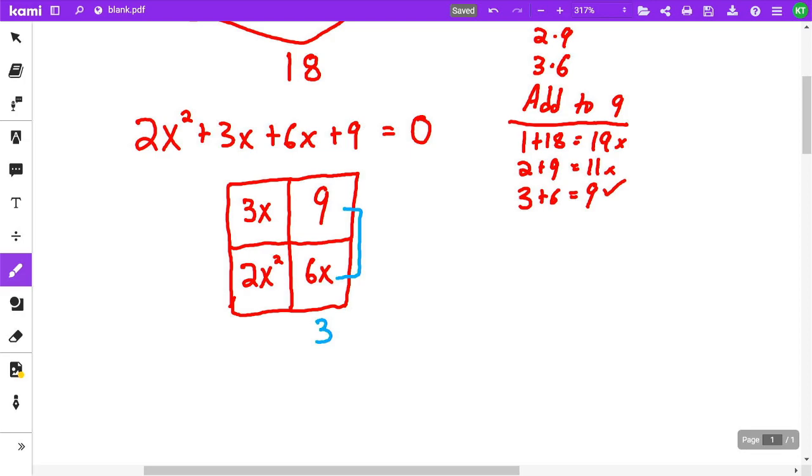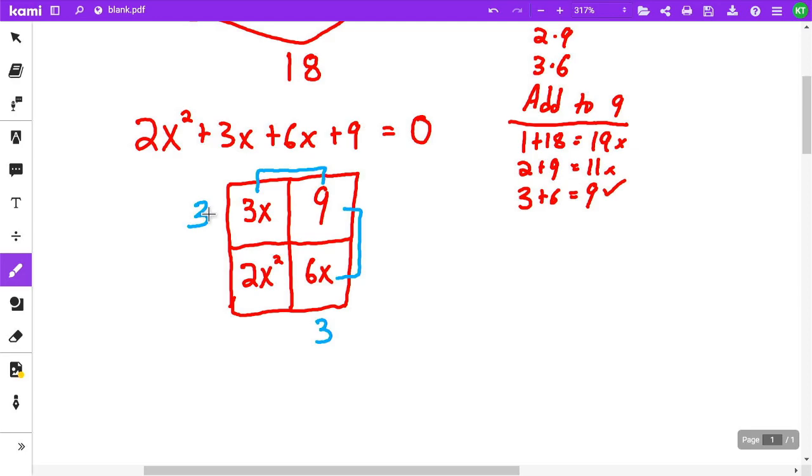So that means if I was to work backwards here as well, what times this 3 here will give me 9? 3 times 3 gives me 9, so I can put 3 right here. And that also checks out on the top here because the greatest common factor shared between 3x and 9 is also 3. So after that, I'm going to look for another way to see what I can do to complete the box.